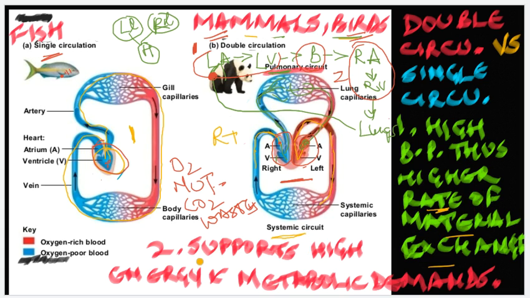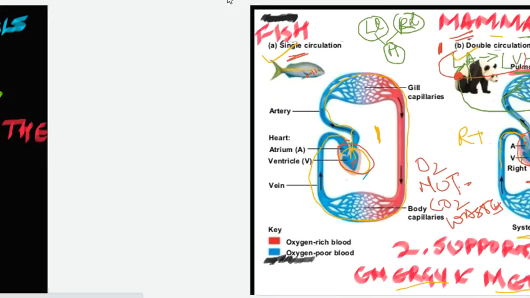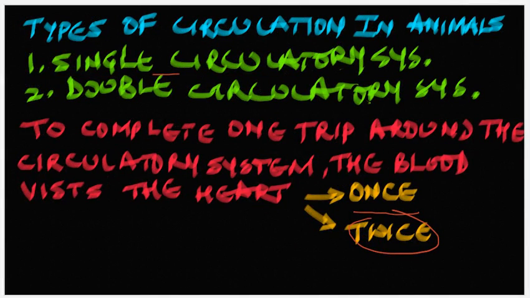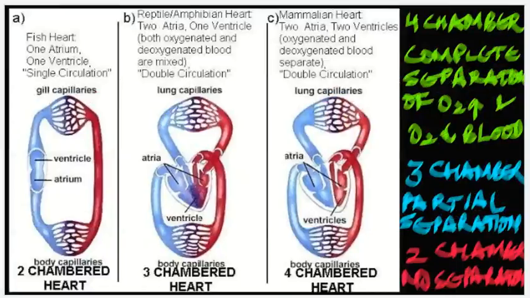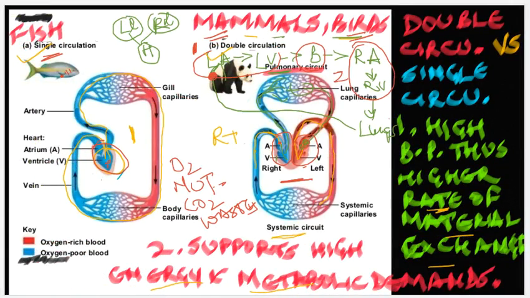Also, with a higher blood pressure, our higher energy needs and higher metabolic demands are met with greater ease. So this is all about double and single circulatory systems, and here we have the definitions and also the advantages of a double and a single circulatory system.